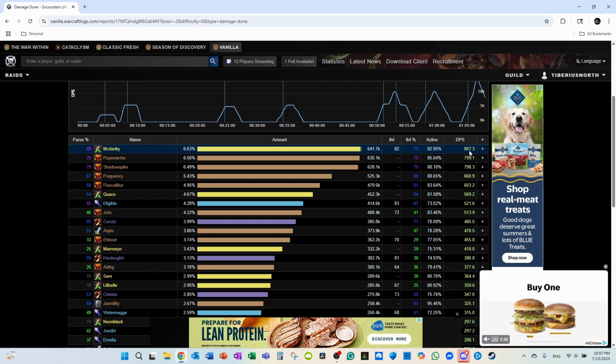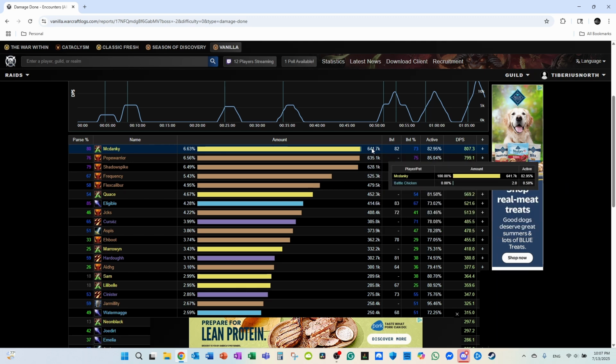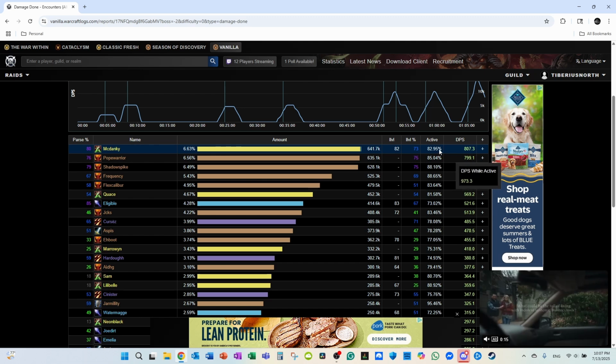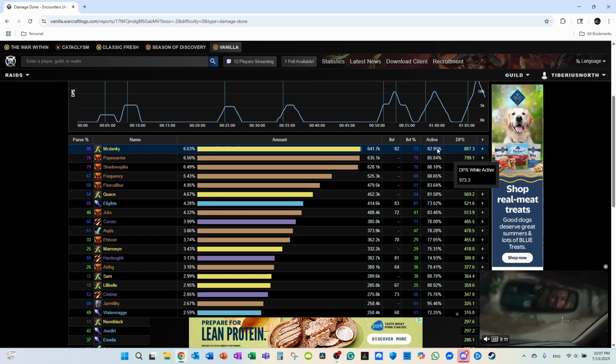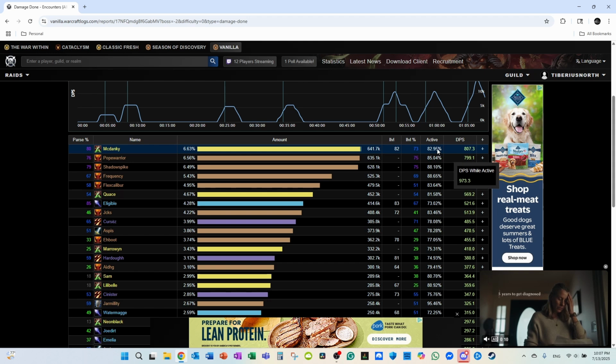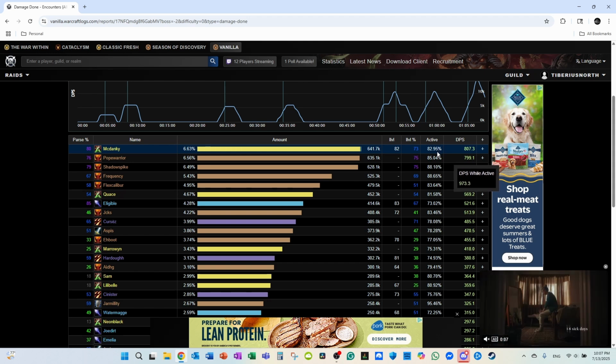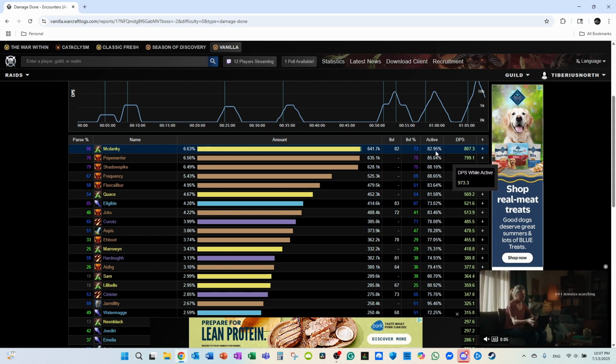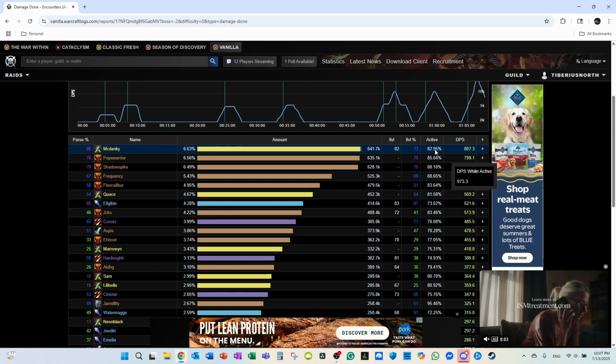And this is the DPS. So this will be the average DPS. So that's the total damage done divided by the uptime. And as you can see, when I hover over the active time, which is 82.95%, it shows a DPS of 973.3.